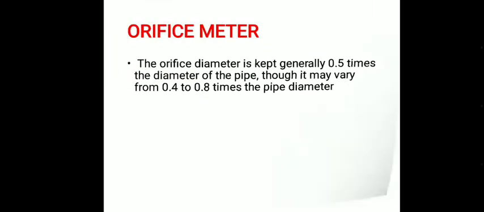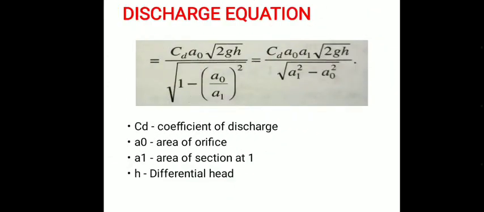Moving on to the discharge equation of the orifice meter. The discharge equation of an orifice meter is shown here. The discharge Q is equal to CD into AO A1 into root 2GH divided by root of A1 square minus AO square, where CD is the coefficient of discharge, which is the ratio between actual discharge and theoretical discharge.